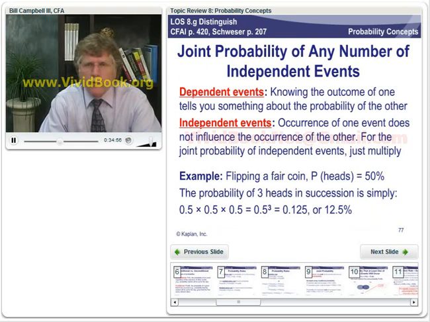If we have two events that are mutually exclusive, tossing heads or tossing tails, those are dependent events because we know if we get heads, we don't get tails. So it changes the probability. If we get tails, we don't get heads. So knowing that it's heads will tell us about whether it's tails. Knowing that it's tails will tell us about whether it's heads.